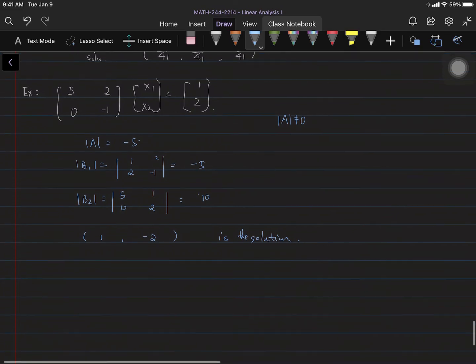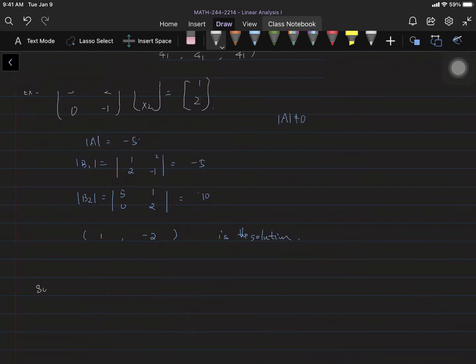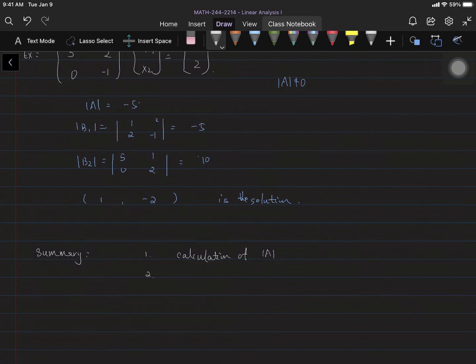So in this section, what we need to know, summary, 3 things. 1, calculation of determinant. We need to know how to calculate the determinant of 3 by 3, 4 by 4 by simplifying the determinant. Okay. Second, use the adjoint method for the inverse matrix.